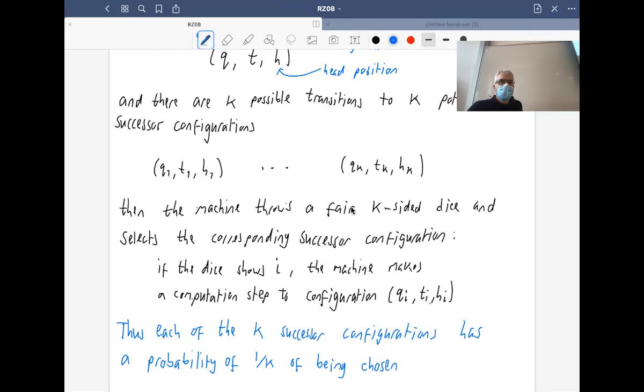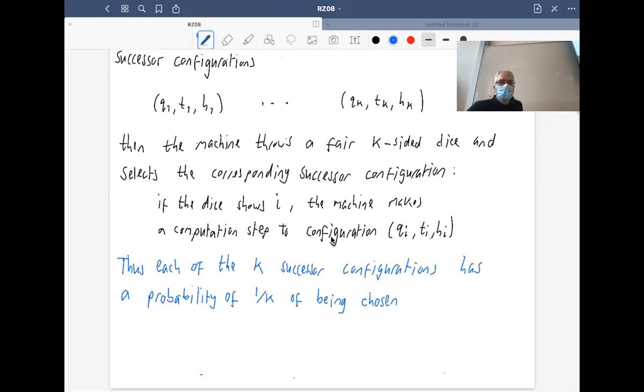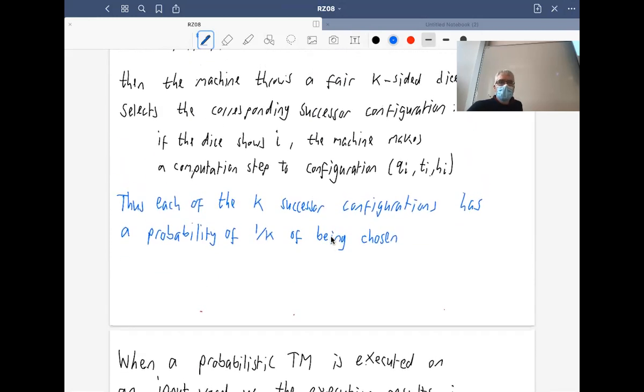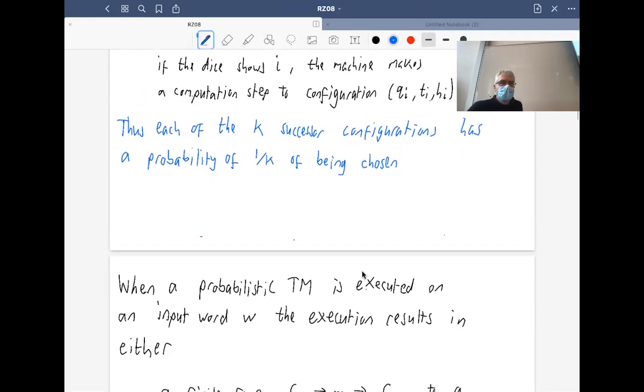Often non-deterministic Turing machines are defined only allowing at most two possible successor choices, and you make a fair toss of a coin between 2 possibilities. So what I'm doing looks a little bit more generous, but is in fact equivalent, as I think you'll see in the exercise class this week. So we have in general k successor configurations from any configuration. When we have more than one, the choice between them is made with probability 1 over k.